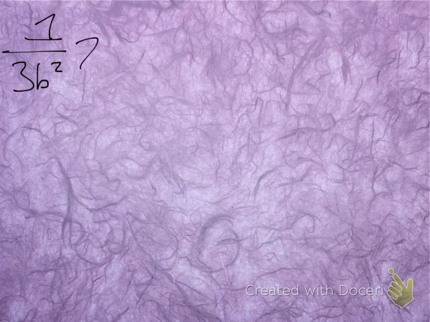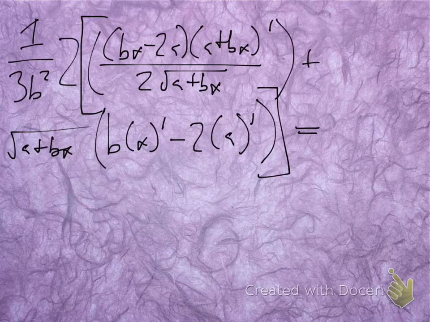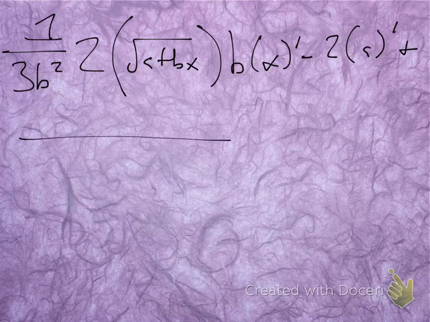And of course, we still have that 2 times rad a plus bx times x prime, minus 2 a prime plus, and of course the same rational but slightly different, which should have 2 times rad a plus bx on the bottom.